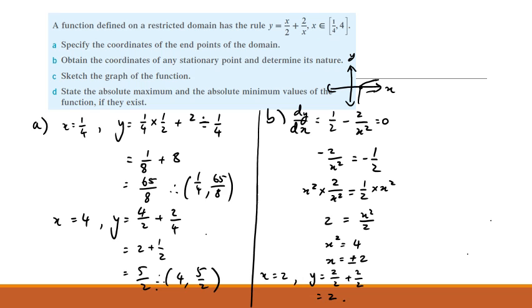So then we would have positive, 0, positive. So when you sketch a graph, just keep that in mind.